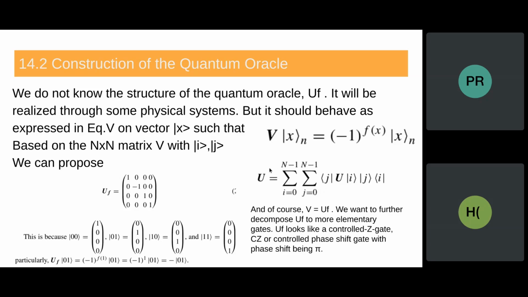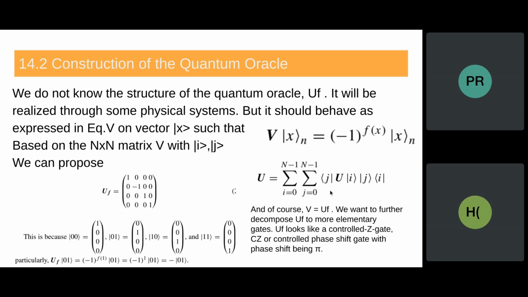And so when you do an oracle design, you take the sum over i equal to 0 to n minus 1, j equal to n minus 1, of the projection of i on j, or j on i, whichever way you choose to call it. But either way, you can say this is bra j ket j.